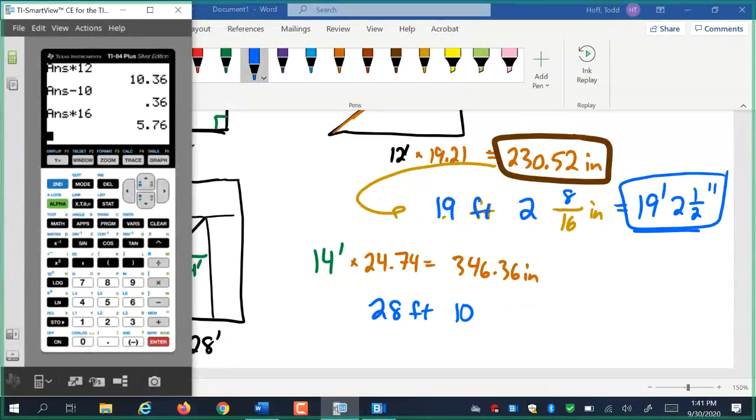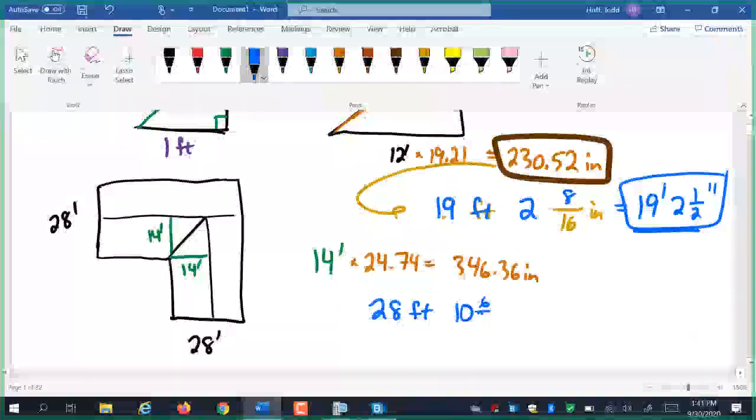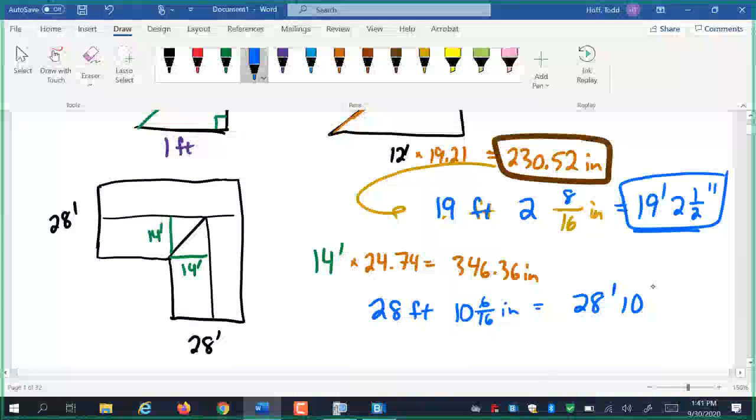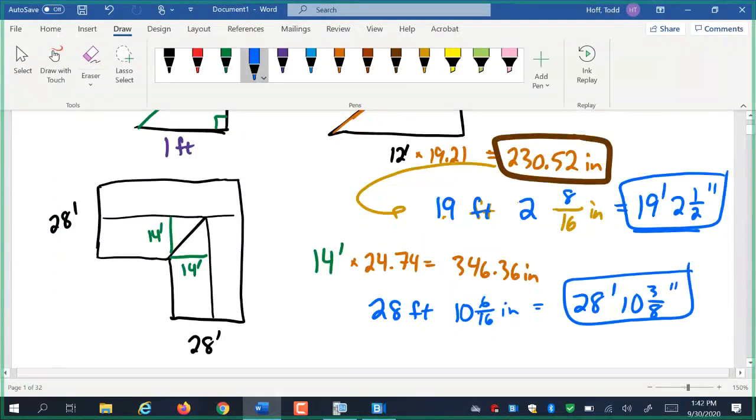So times 16 is 5.76. That's 6. 5.76 is closer to 6 than it is to 5. That's 6/16 of an inch. That's 28 feet, 10 6/16, which reduces to 3/8 inches. So that's how long that rafter going up that valley would have to be.